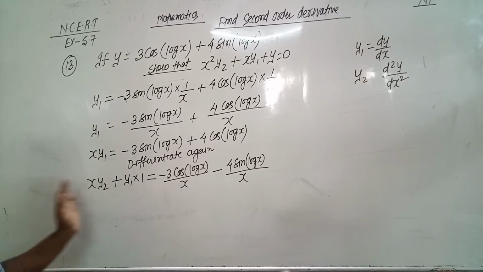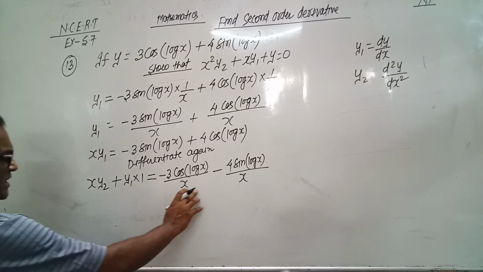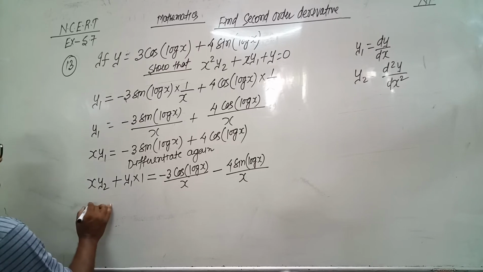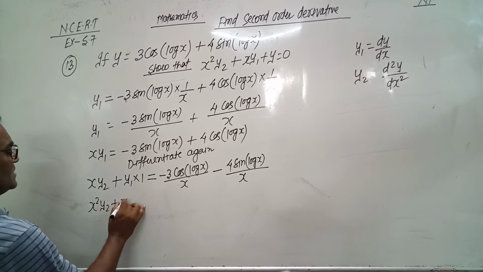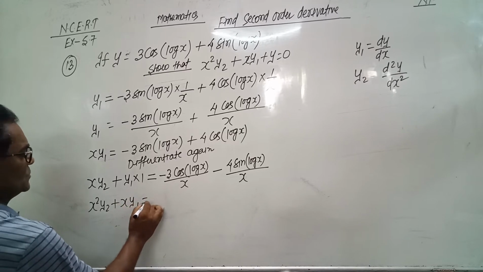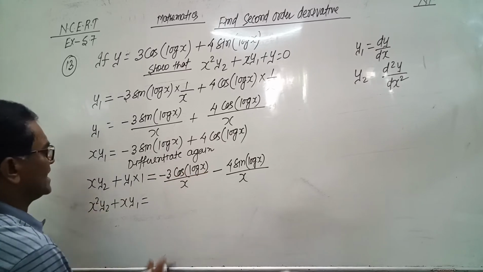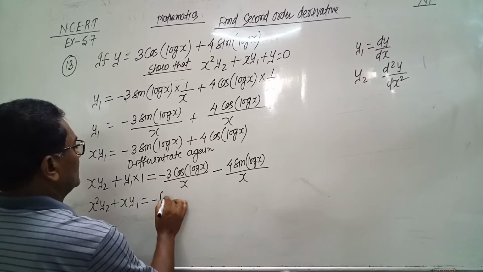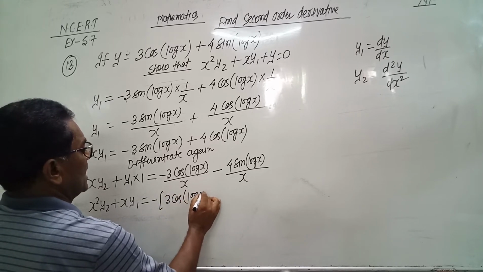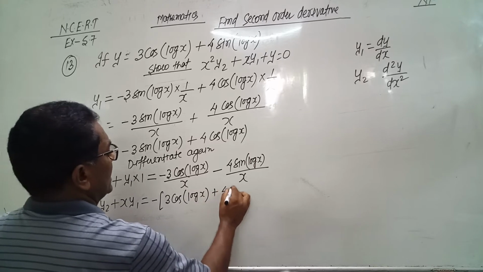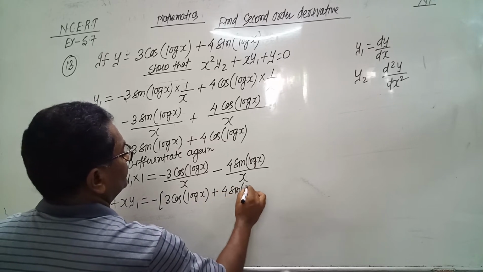Now do cross multiplication. Taking x as LCM, we get x square y2 plus x y1 equals, from both the terms minus is taken common, so 3 cos log x plus 4 sin log x.